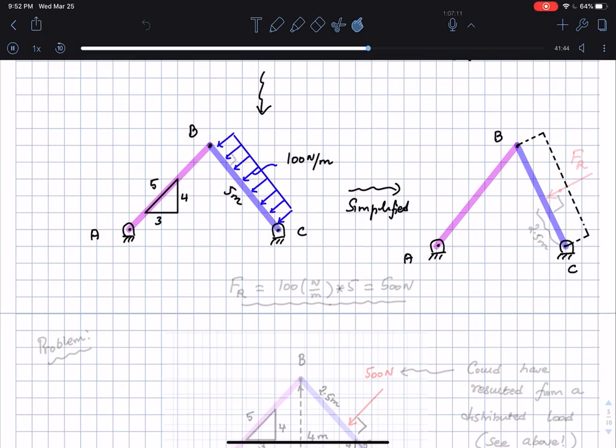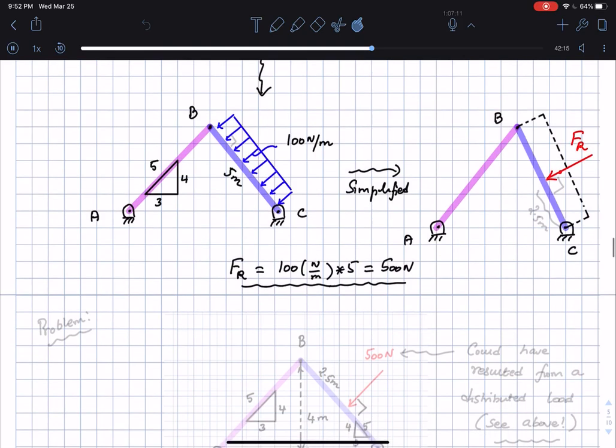Rather than have this distributed loading, I have this equivalent force now, which I'm going to call FR, as you know. This is FR, and it's acting at the geometric center here. For us FR is actually the area, which is 100 times a distance of 5, or 500 newtons.